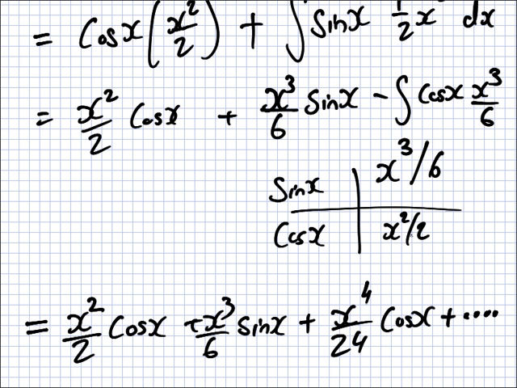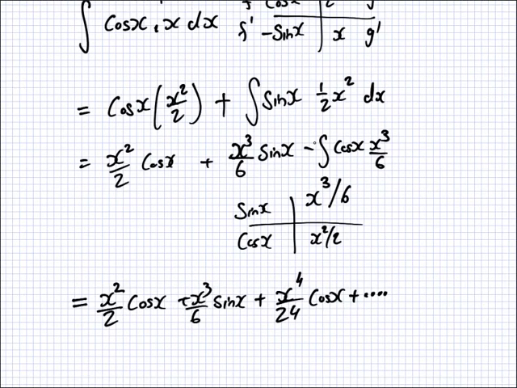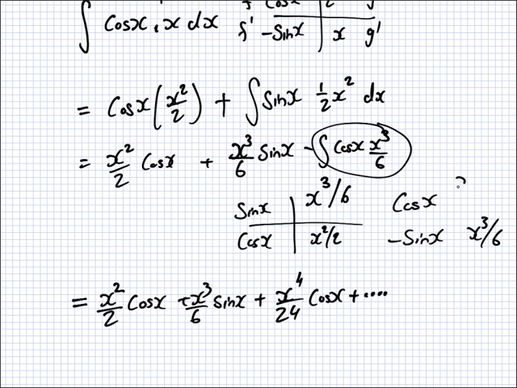But how can you know it's the same? Well, you can see what's happening. Each time you integrate, your sine and cos swap. So if I was to do it the next time here, you would have cos x minus sine x, x cubed over 6, and this would be x to the 4 over 24.